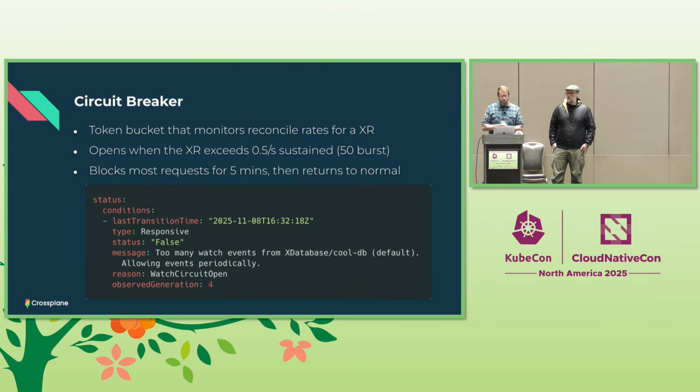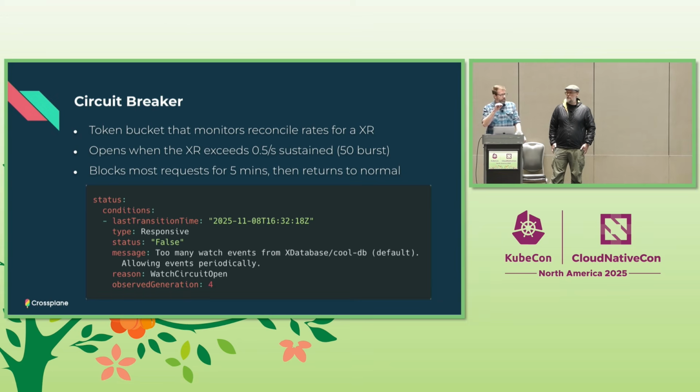In Crossplane 2.1, we've introduced this concept called the circuit breaker. You may be familiar with circuit breakers from other things. Istio has one, I believe. So basically, it's a token bucket. It watches the reconciliation of composite resources. And if that rate of reconciliation gets too high, goes beyond some thresholds, it'll just shut it down. It'll break the circuit, break glass, stop reconciliation from happening.